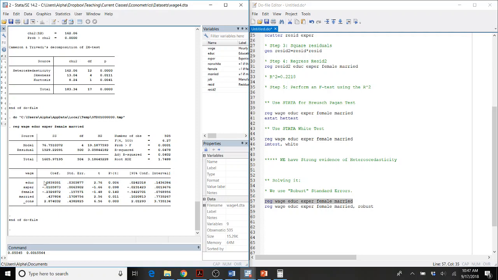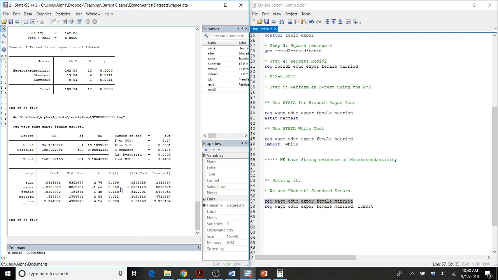But we have heteroscedasticity. That means our standard errors are biased. They could be too big or too small. We don't know, which means our t-statistics are either too big or too small. That means we can't trust these p-values. This p-value would suggest that education is significant at the 1% level and experience is significant at the 10% level, but we actually can't trust it.